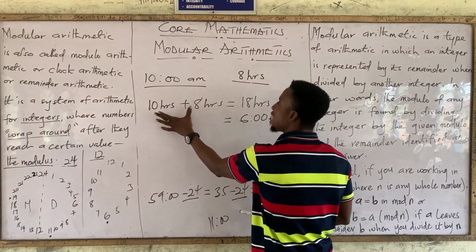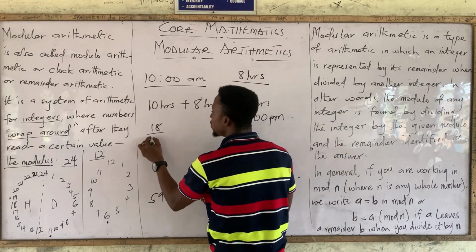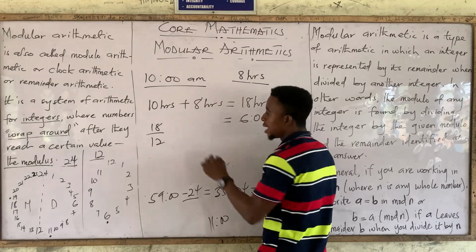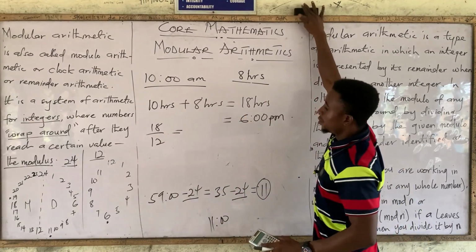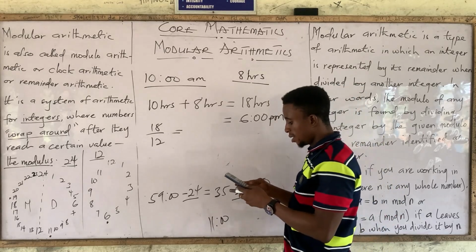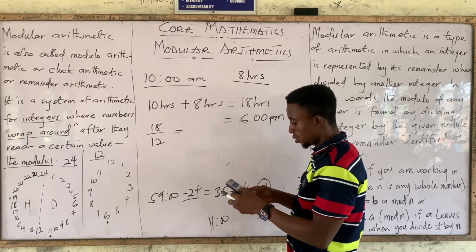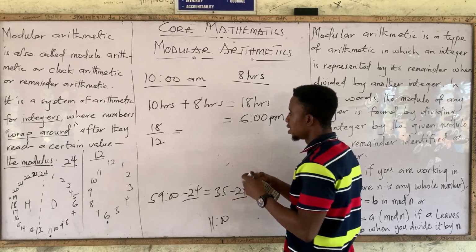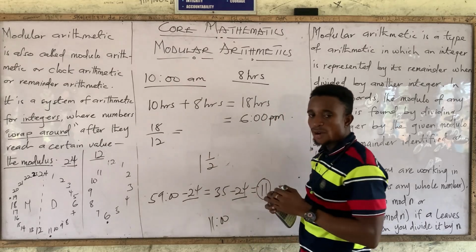So what can we do? We take the addition of this and that, and it's 18. So we can say 18 divided by 12. That one is getting us 18 over 12 to mixed fraction: one whole number, 6 over 12.